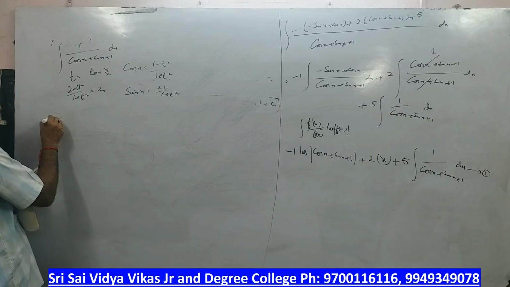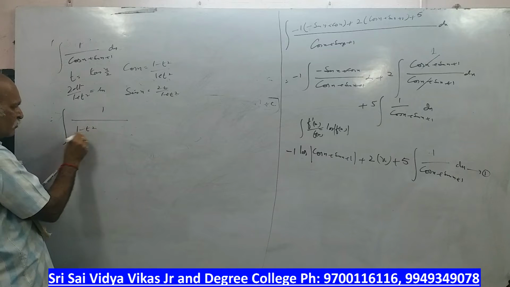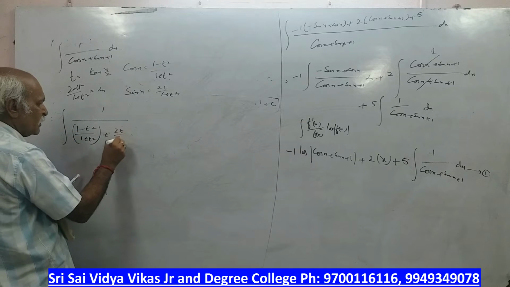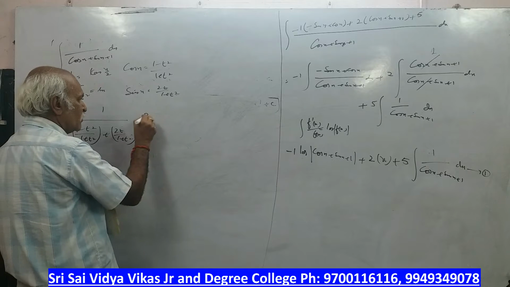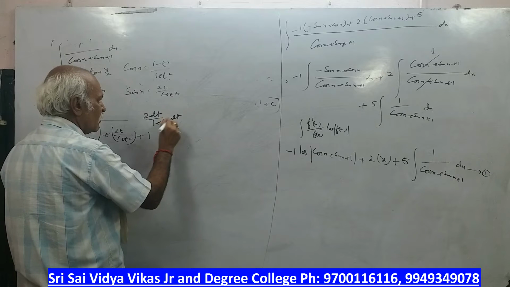Right? Therefore, integration of 1 by [(1 minus t square) by (1 plus t square) plus 2t by (1 plus t square) plus 1] into 2 dt by (1 plus t square). So we have substituted all the values, sir.